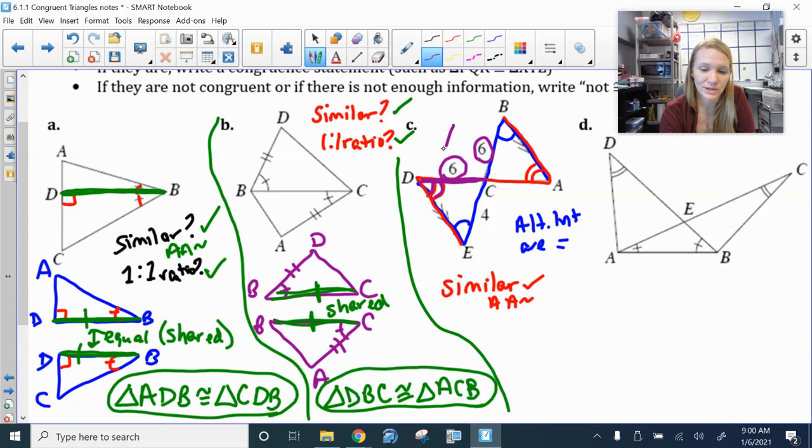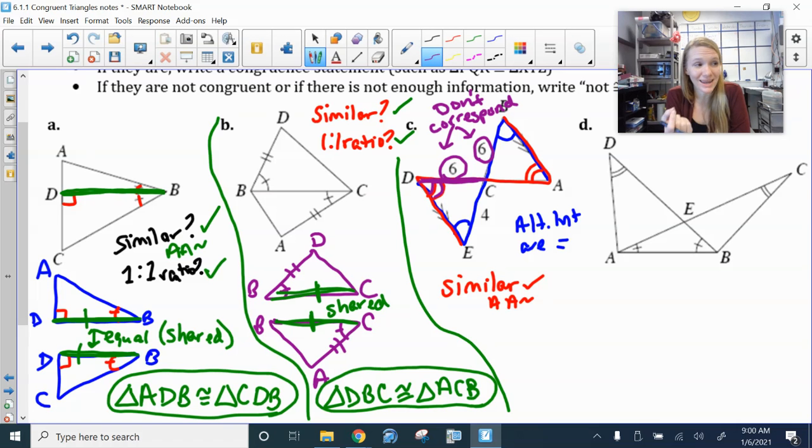These are not corresponding sides. They don't match. They're not in the same position. So even though they do have both the same number, they're not in matching places in the triangles.